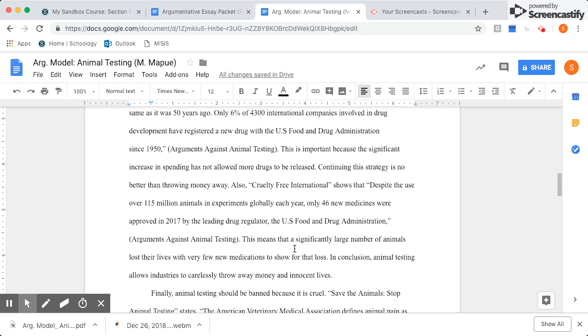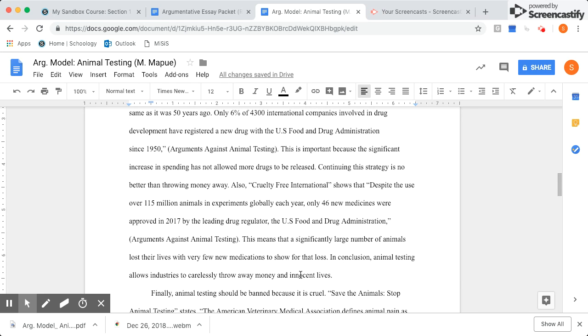So this means that. That's your analysis transition. A significantly large number of animals lost their lives with very few new medications to show for the loss. So large number, we've paraphrased 115 million animals to mean that, and lost their lives with very few medications, so 46 new medications. So we have our topic sentence, evidence, analysis, evidence, analysis.